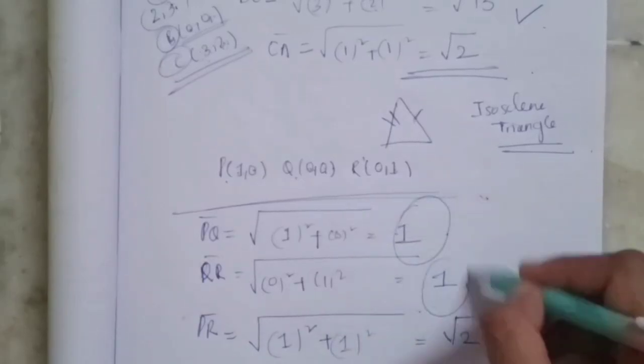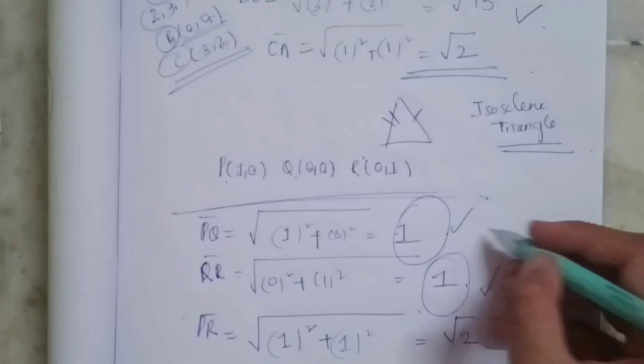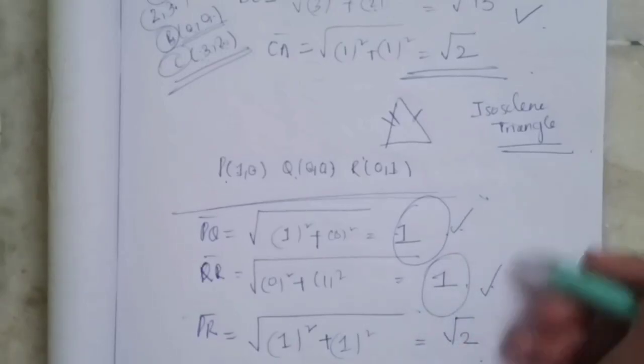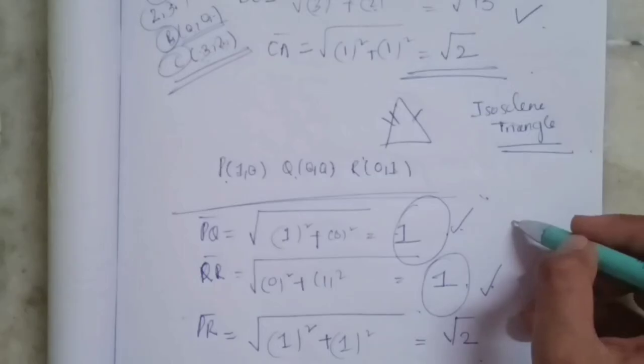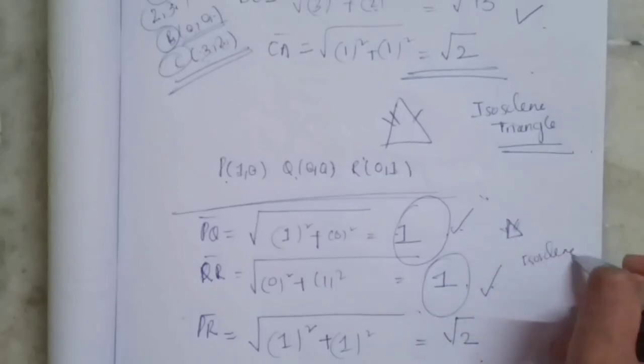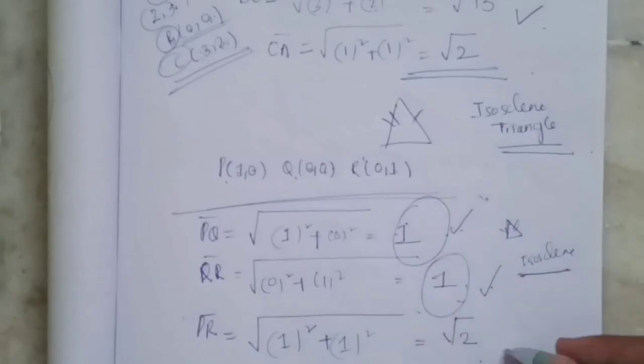So we got the same interpretation. Two sides are equal and the third side is not equal, so this is an isosceles triangle. Likewise, if all three sides are equal, it is an equilateral triangle.